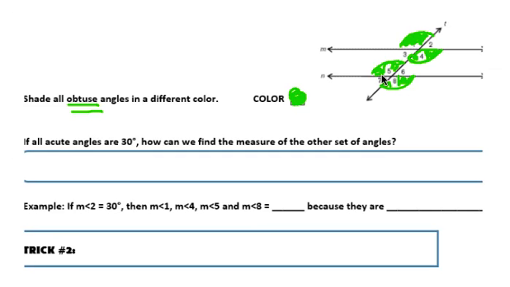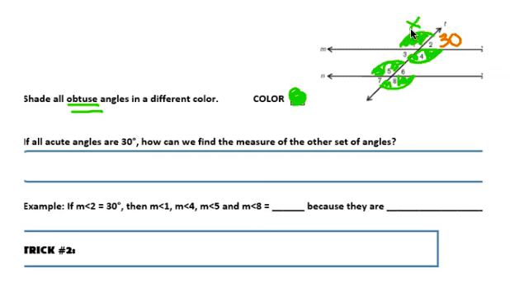And this question says, if all acute angles were 30, how can we find the measure of the other angles? So if this angle was 30, how can we find the measure of my green angles, which is x?